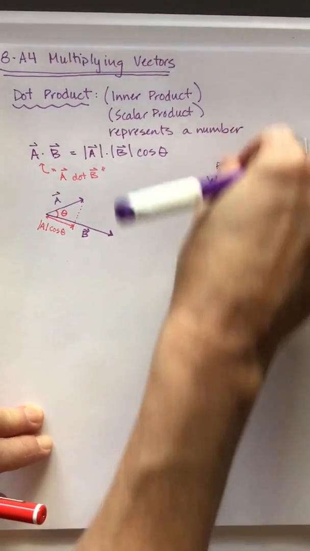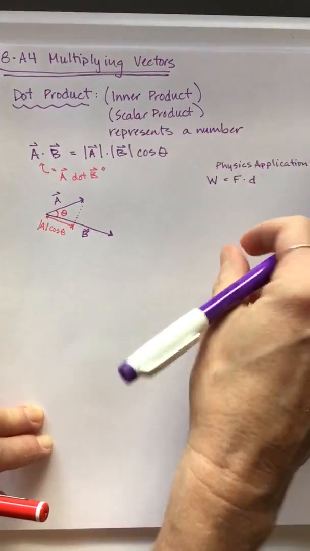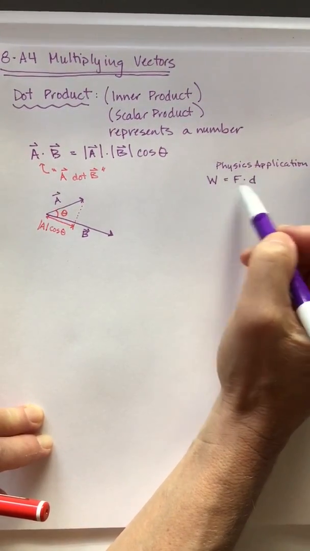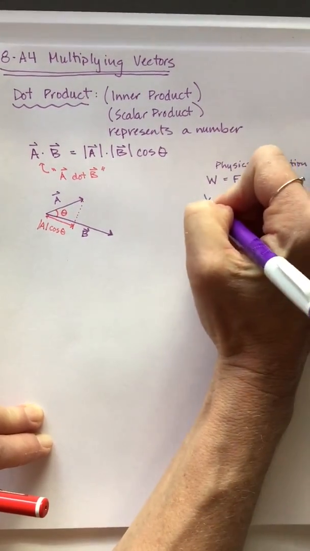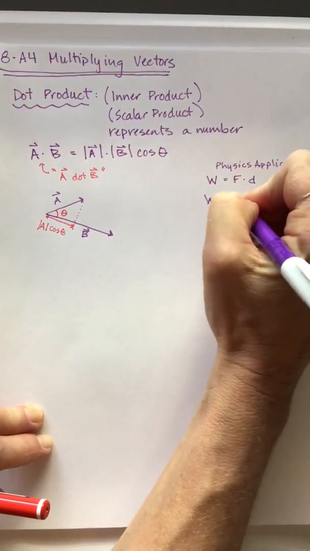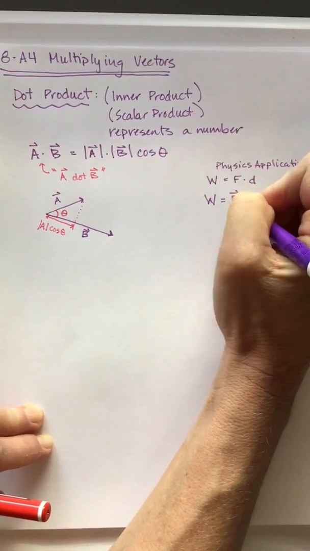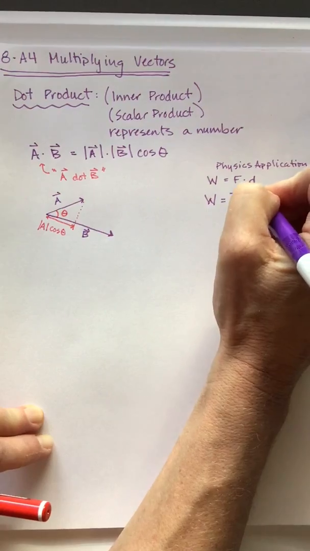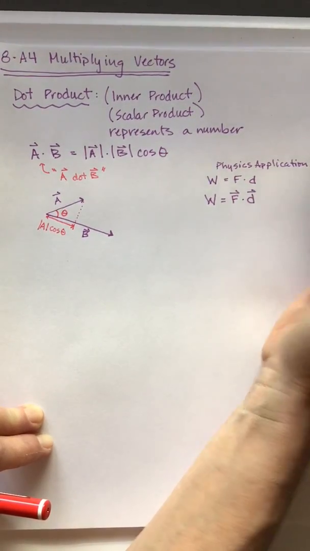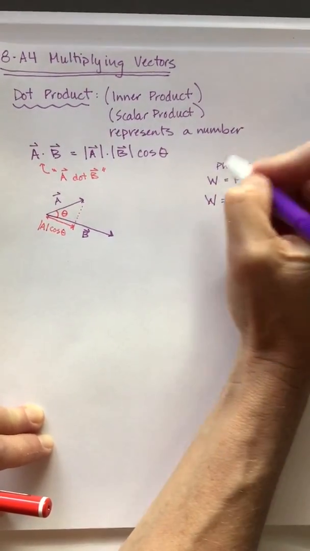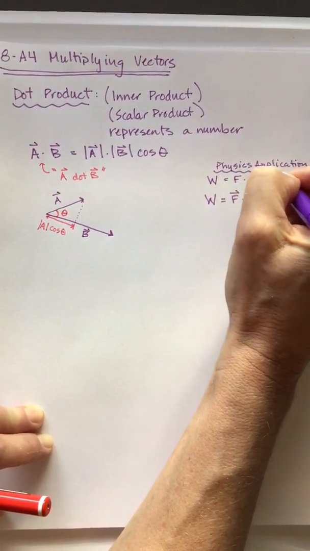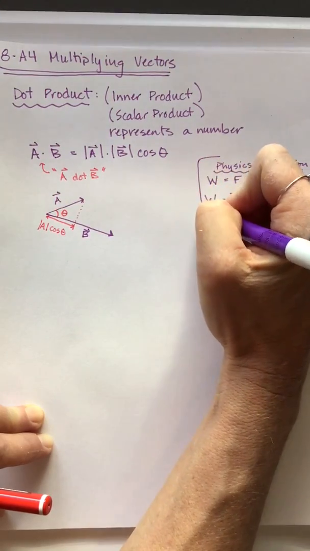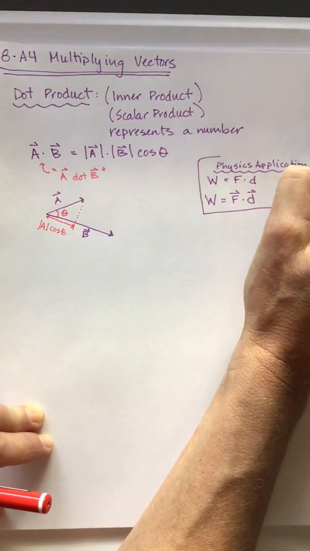We were pulling straight up, and our distance was straight up. But oftentimes these are two different vectors. So work would be force, the vector, dot the distance. That's the biggest physics application for dot product. That might be something to keep in mind for when you get to physics.